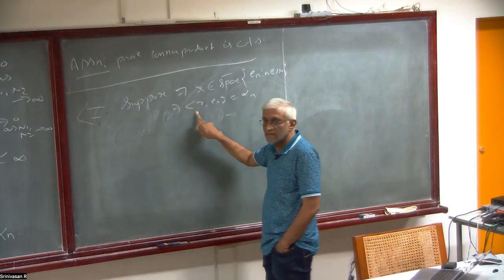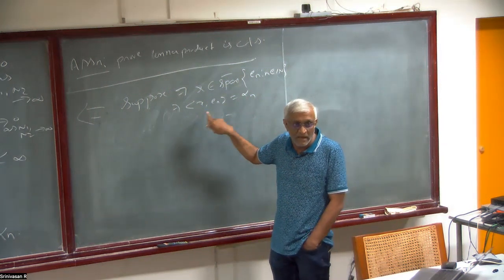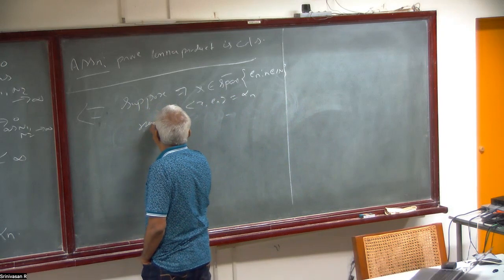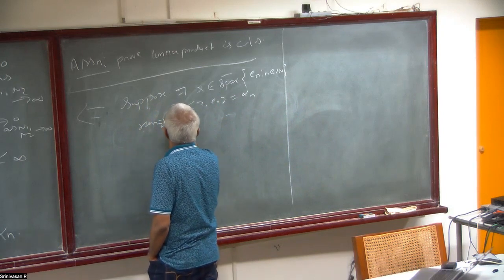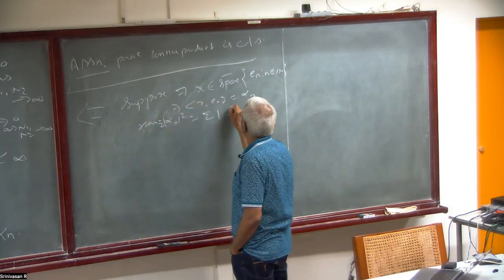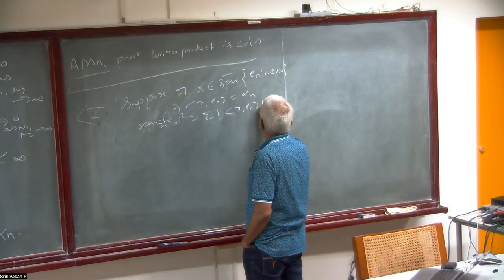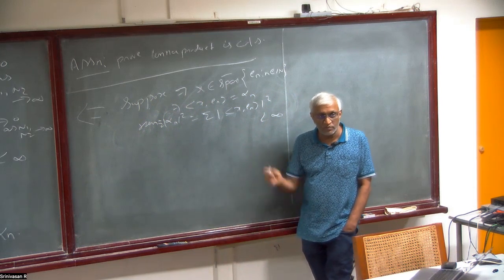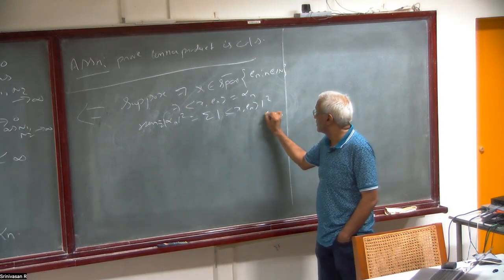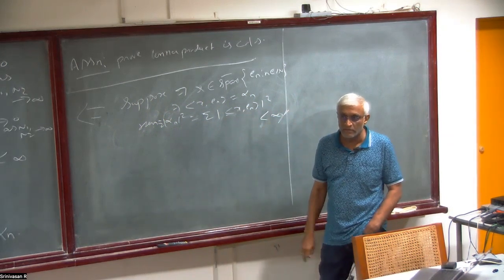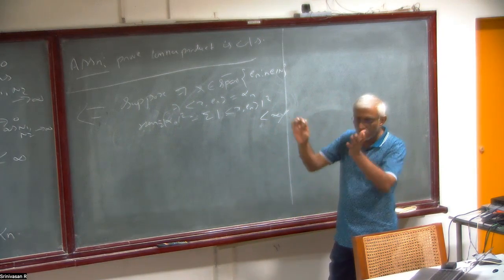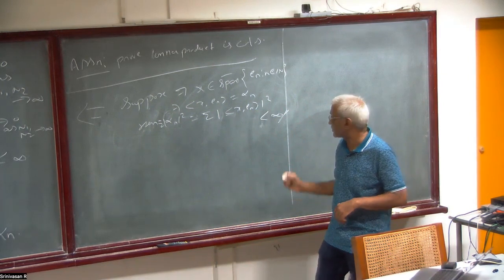We have already proved that for any x, for any orthonormal set, the summation of mod alpha n square equals summation of mod x, En square. This is finite. We have already proved in the last class. So that's what 2 is. So 1 is equivalent to 2, and 1 and 2 are equivalent to this. Okay, so the proposition is true.